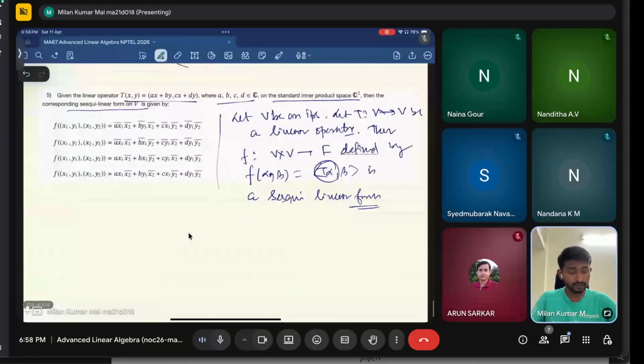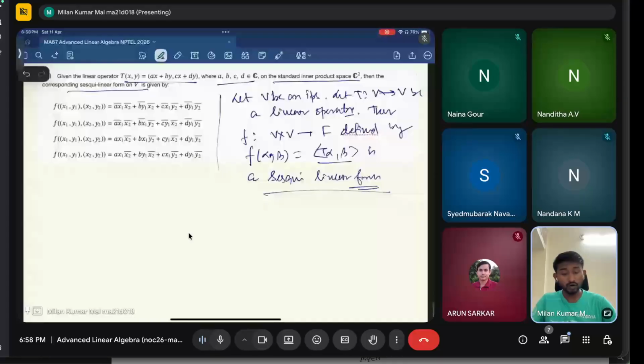If you ask, I can still prove that it is a sesqui-linear form. So this is what it is in general. If you have an inner product space V and a linear operator T, and you define a map f from V cross V to F by f of (alpha, beta) equal to the inner product of T alpha with beta for all alpha, beta in the vector space, then this is a sesqui-linear form.